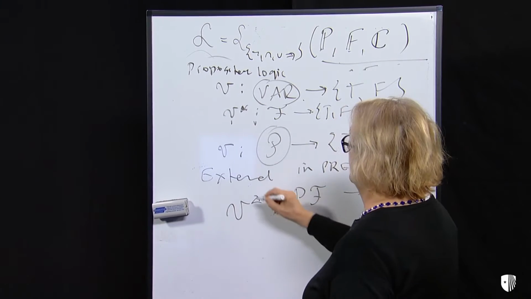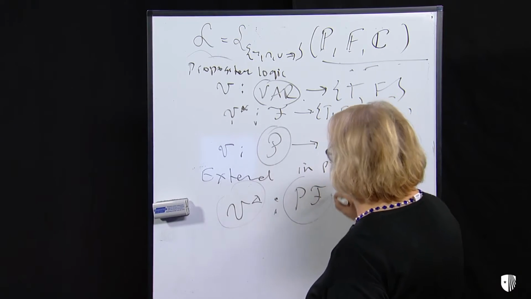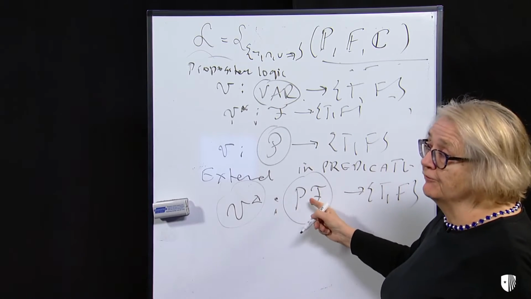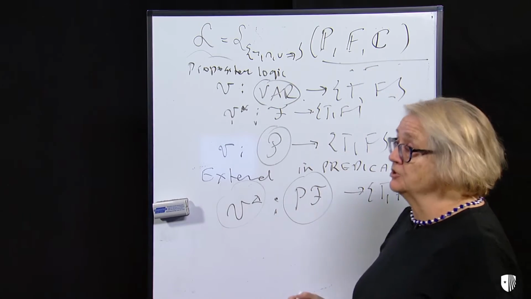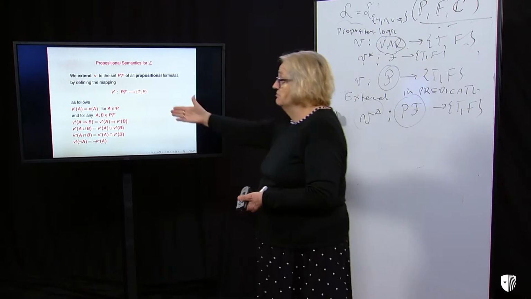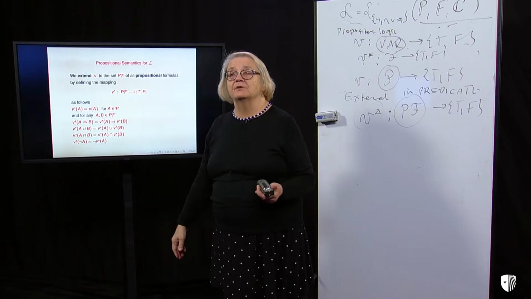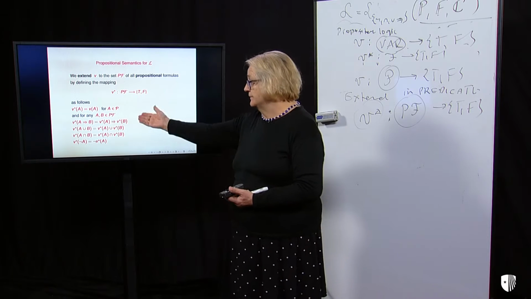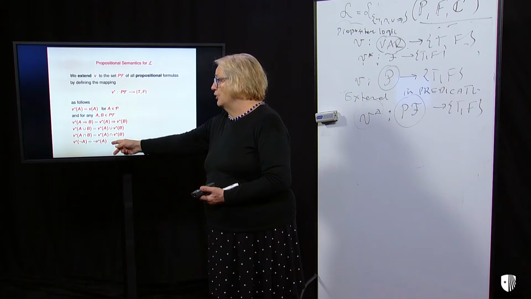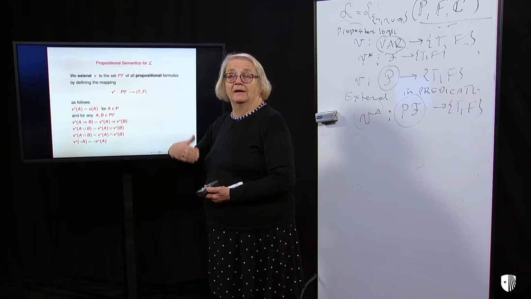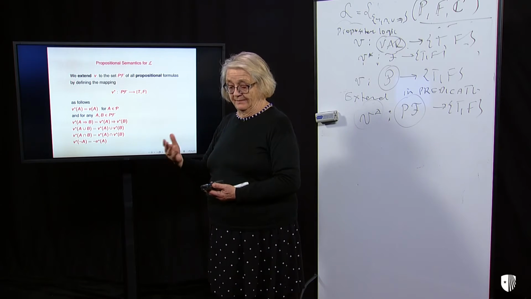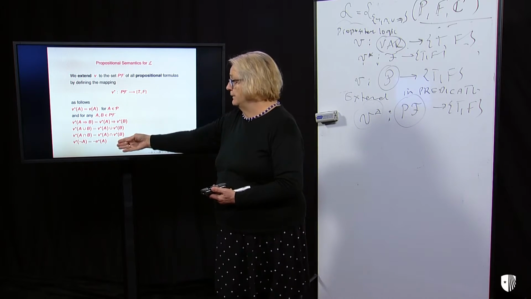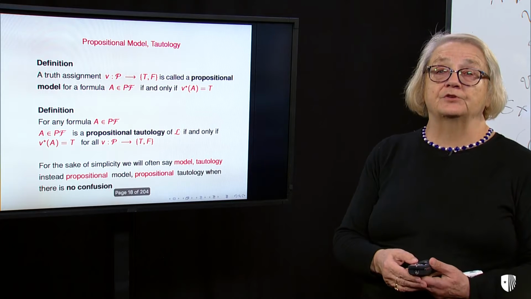So now our formulas are propositional formulas in predicate logic, and we do exactly the same. V star has exactly the same definition as we had for the propositional case extension, and the connectives are defined by our truth tables for the propositional connectives.